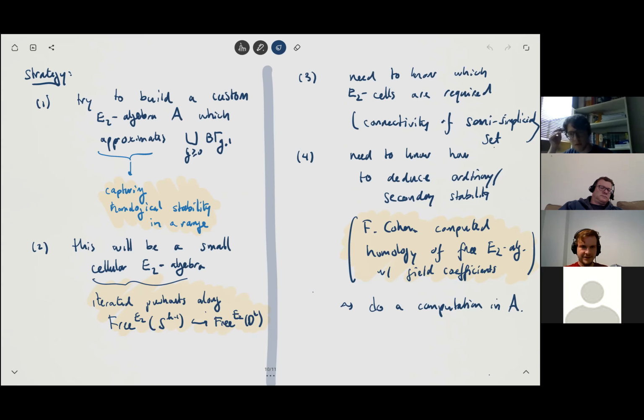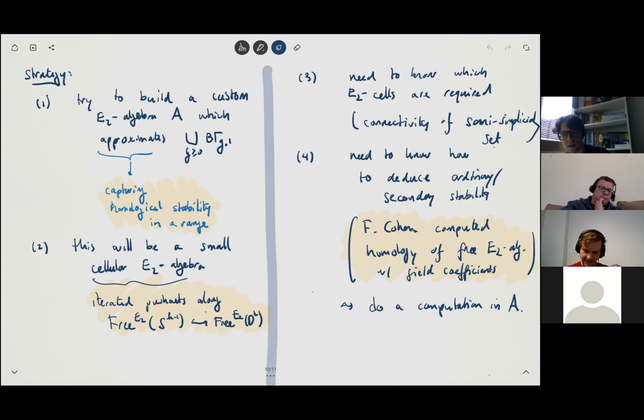Mm-hmm. And then you just need to find exactly which ones you need to get the same homology as the disjoint union of the classifying spaces of mapping class groups, in that little region. And there's where you need to know exactly the size of the homology of a free one, I suppose, to bound the size. You need to know, if I'm adding a cell, what's the answer I'm going to get out, and what do I need to fix up, maybe by more cells, to get a good approximation to the mapping class groups.